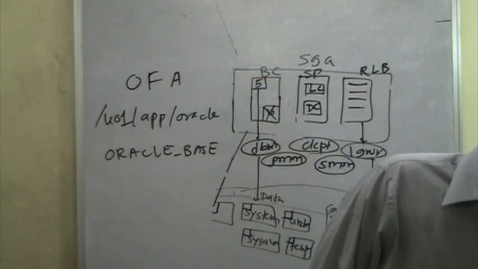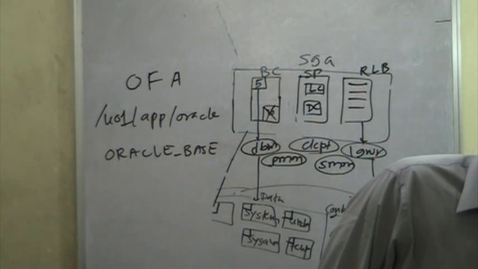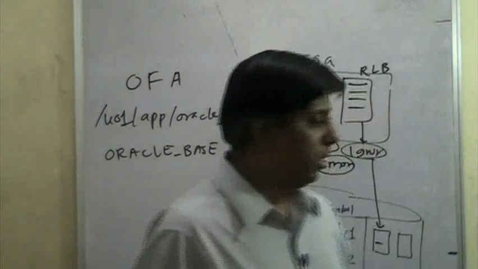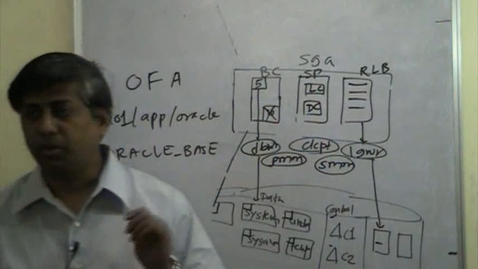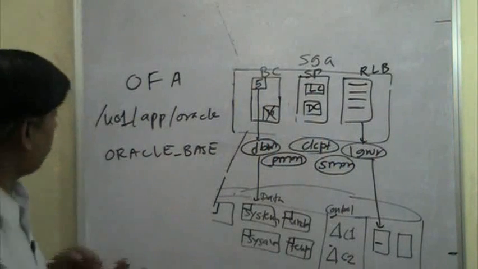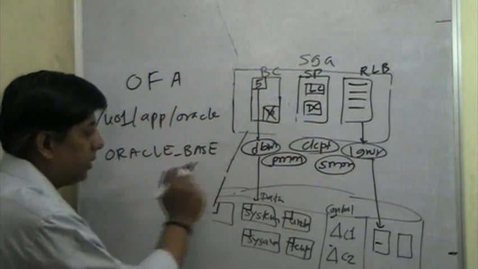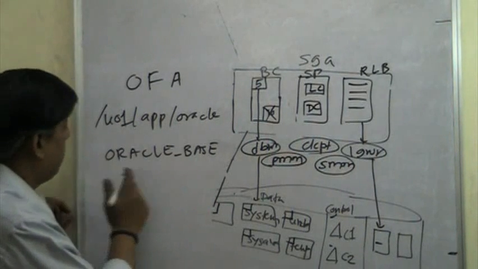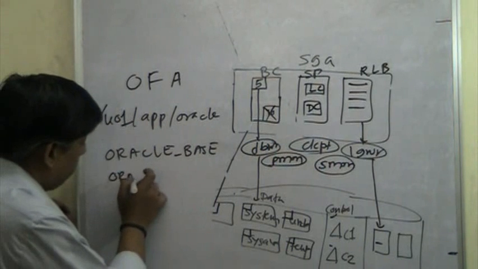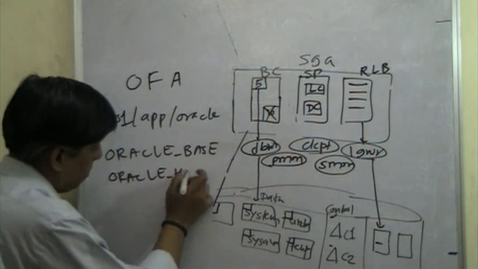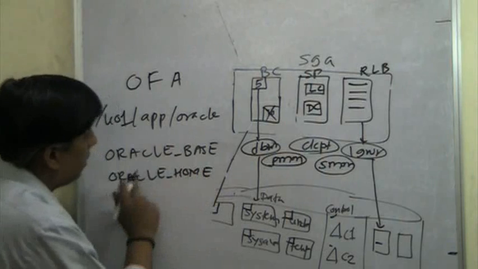So my next question is, based on the OFA, where should be the Oracle 10G software installed? That is Oracle Home. And what is the value of that?